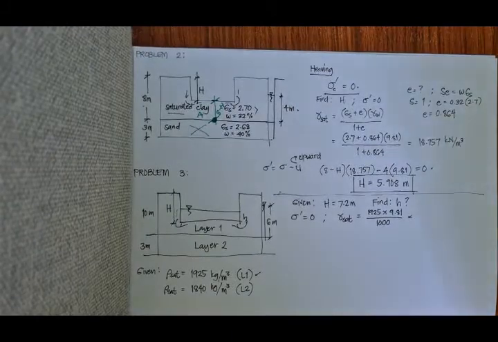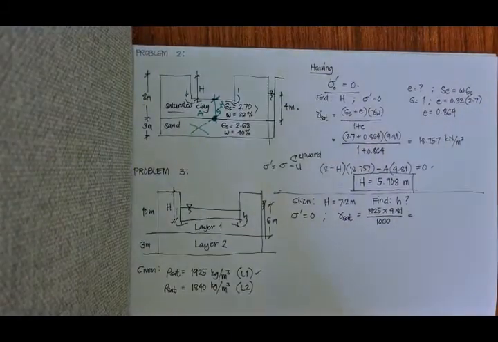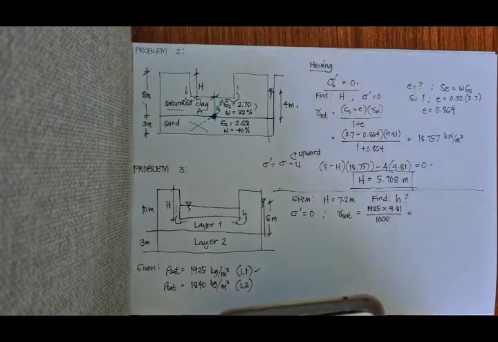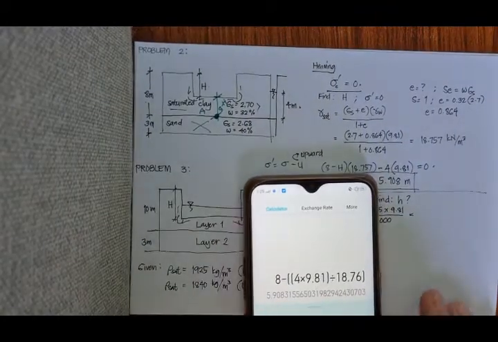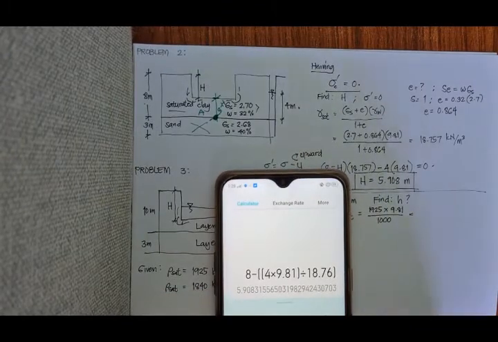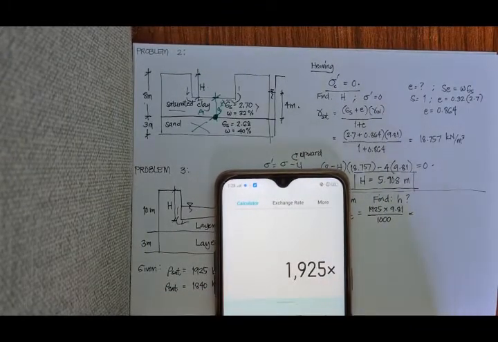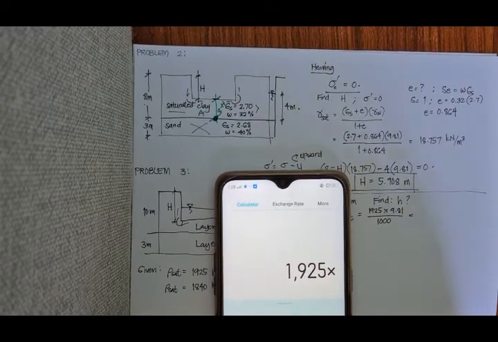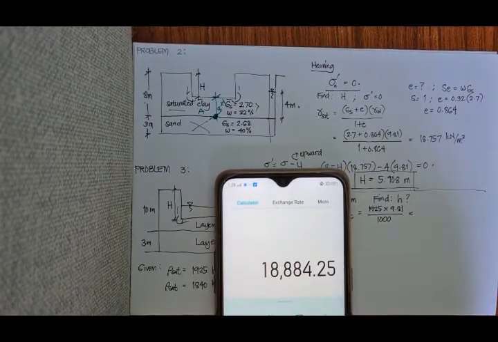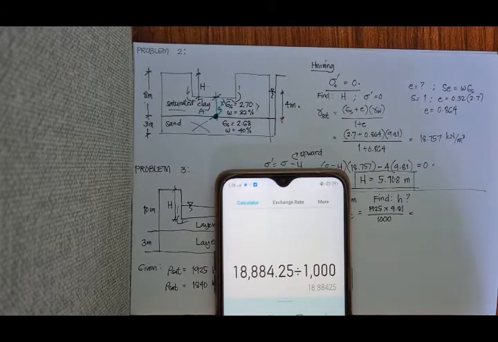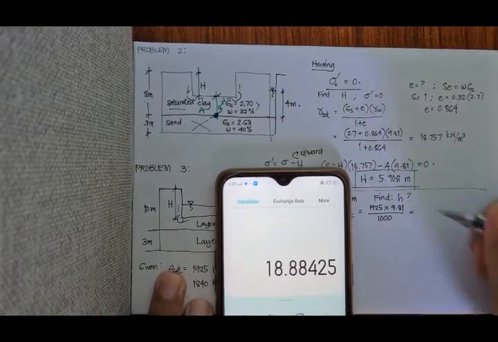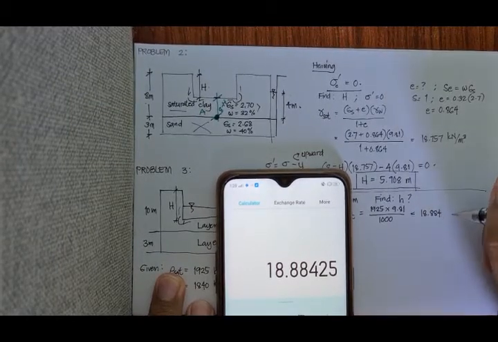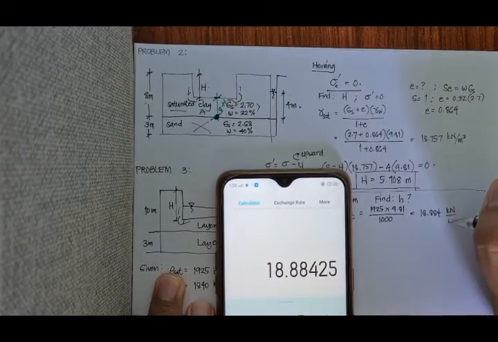So, meron tayong ilan ngayon? Calculator natin, meron tayong 1925 times 9.81 divided by 1,000. So, meron tayong 18.884 kilonewton per cubic meter.